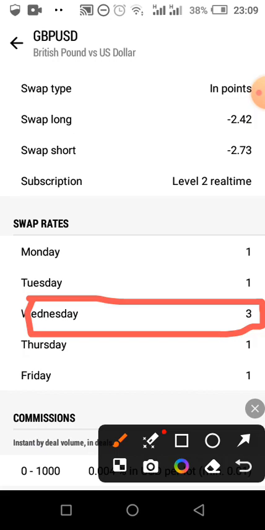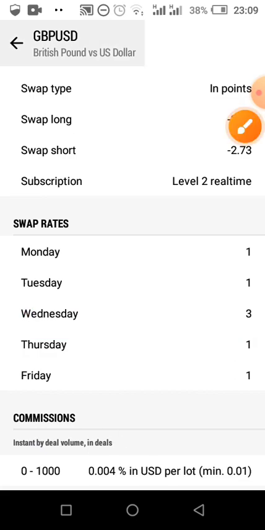So most brokers will charge 3 times the usual swap fees on Wednesdays, whilst some brokers may do it on Fridays. So you will have a bigger swap fee on Wednesday compared to other days with most brokers.